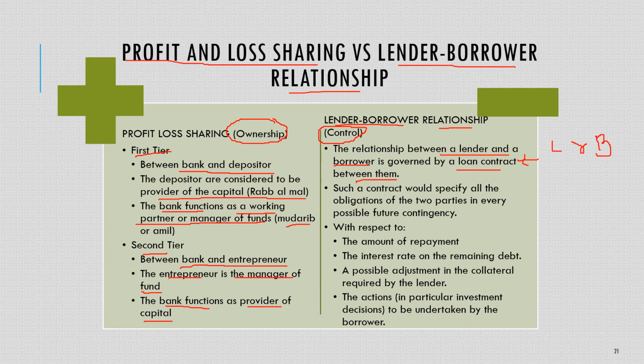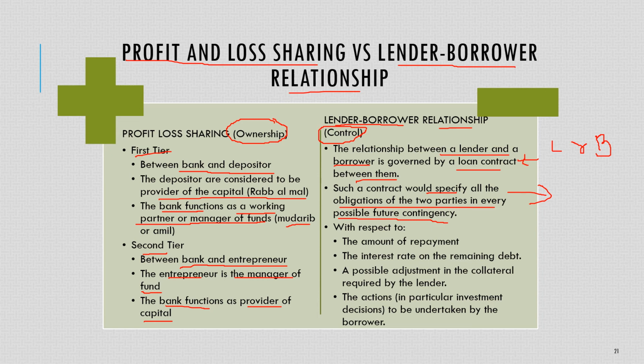Such contract would specify all the obligations of two parties in every possible future contingency. Dia kena keluarkan kebarangkalian apa-apa yang akan berlaku terhadap dua-dua parties.